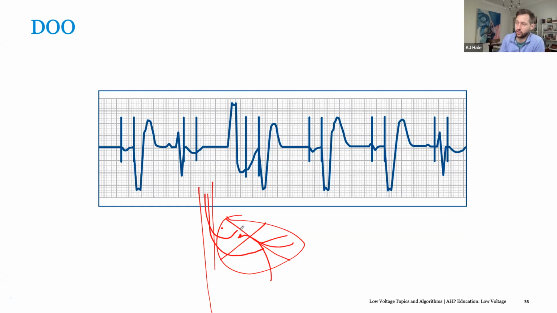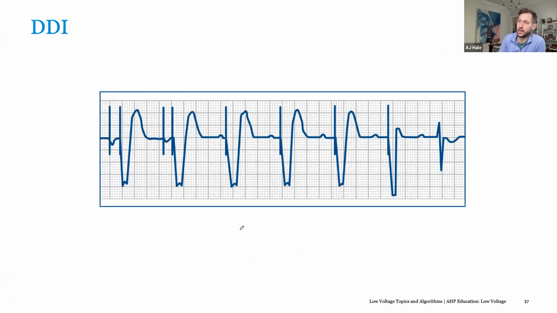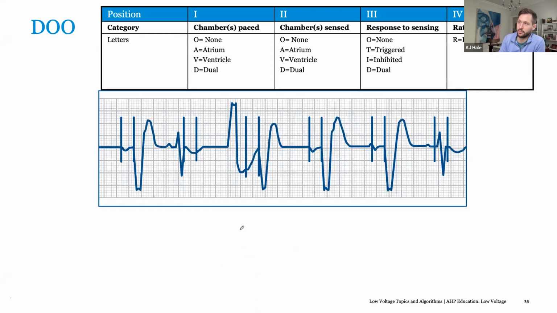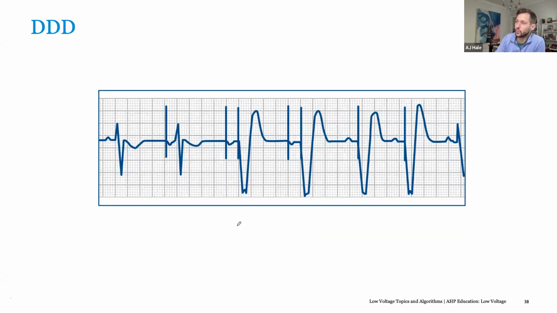When we talk about our dual chamber modes later, we'll hit on this. The device is seeing what's occurring in the atrium, so it's not pacing. It's seeing what's occurring in the ventricle, so it's not pacing. It's resetting its timer, and it's waiting to see if something occurs in the atrium. If nothing happens, it'll pace. And if nothing happens in the ventricle, it'll pace, which is what you're seeing displayed here. We'll go into deeper detail with that.